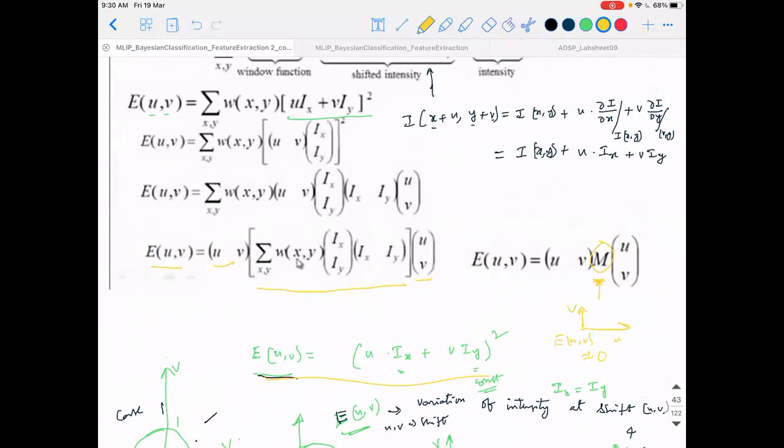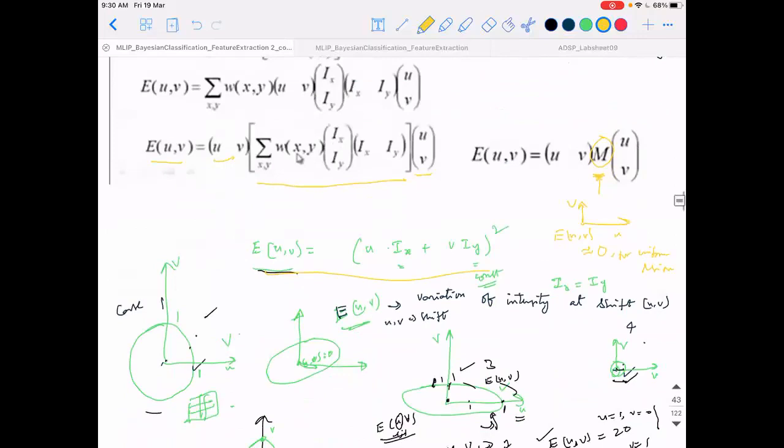It is close to 0, right? So it will be close to 0, whereas here it is high in all directions. Whereas here it is high in only one direction, so that's an edge. So that's how we can easily distinguish.